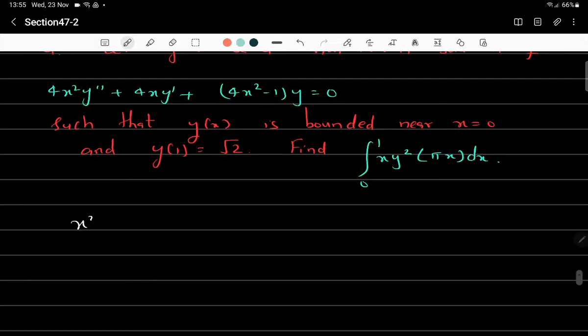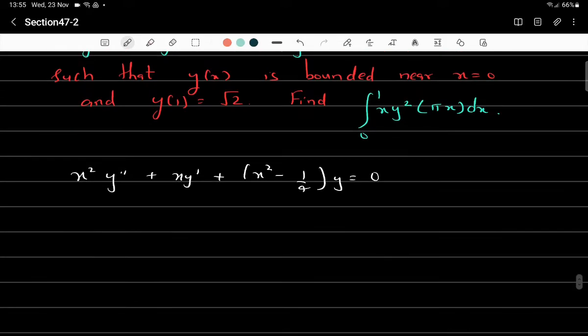So the given equation can be written as x square y double dash plus x y dash plus (x square minus 1 by 4), so x square minus p square, y is equal to 0. It means p is equal to half, and it means that y of x is c1 J half x plus c2 J minus half x.